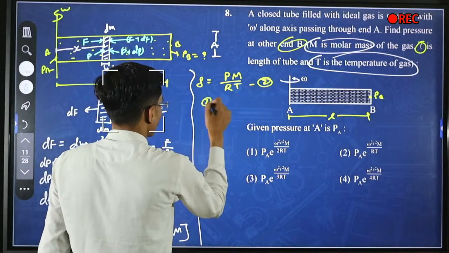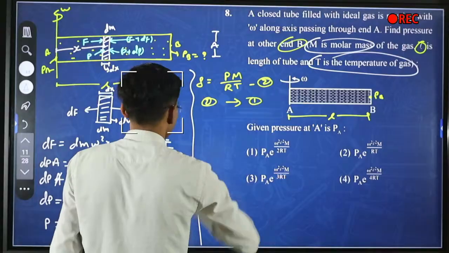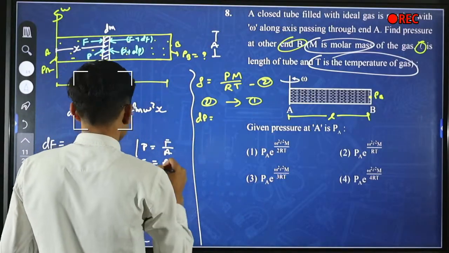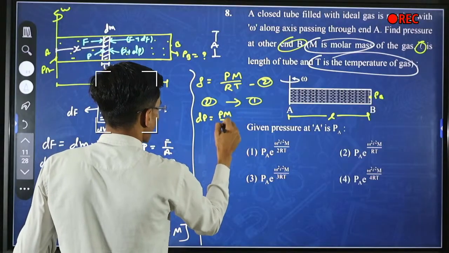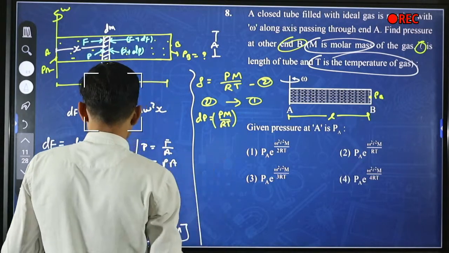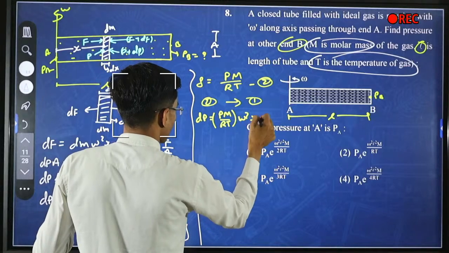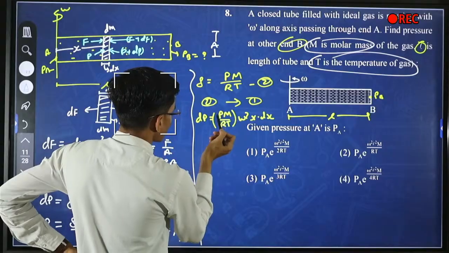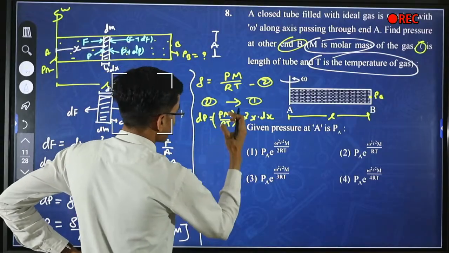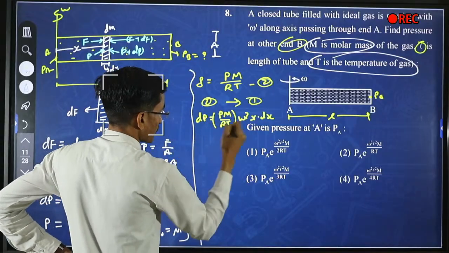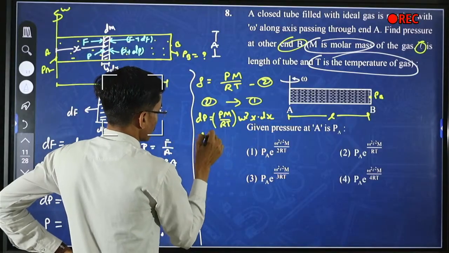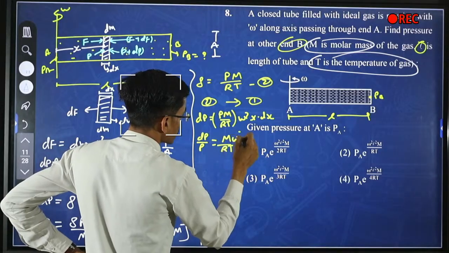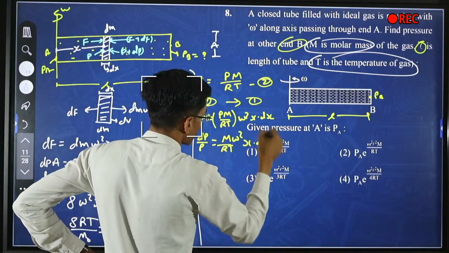So put the value of 2 in equation 1. We will get dP is equal to rho, which is PM by RT, into omega square x into dx. Okay. So here is pressure. Change the pressure to left side and x to right side. So dP by P is equal to M by RT omega square into x into dx.